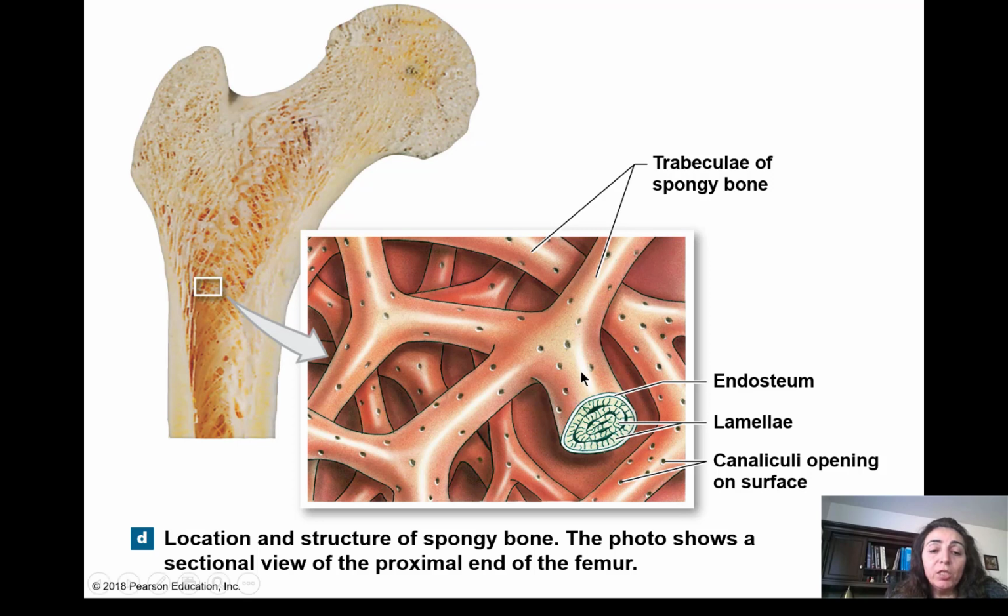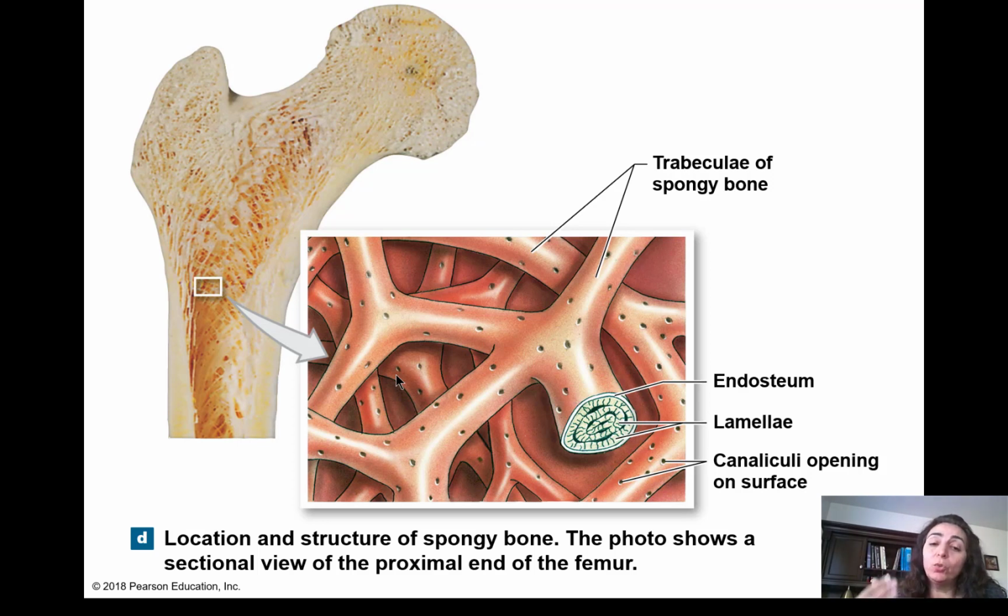But just pay attention, these spaces between the trabeculae are all filled with bone marrow, and here we have red bone marrow. Red bone marrow inside of the spongy bone. As we already talked about, red bone marrow is the source of all types of blood cell production.